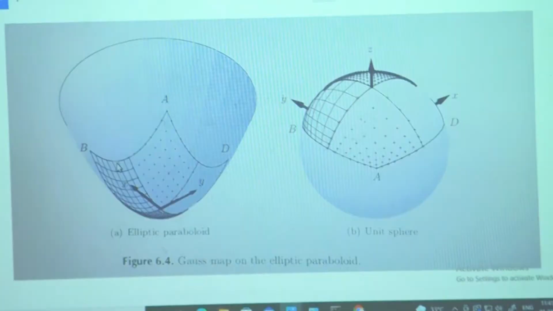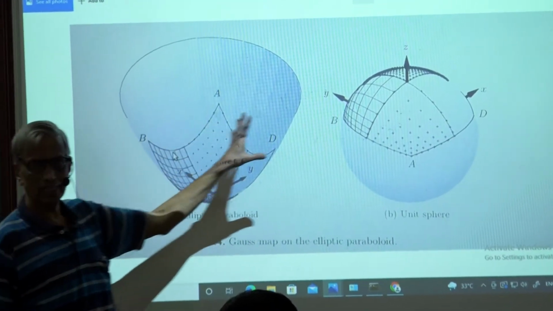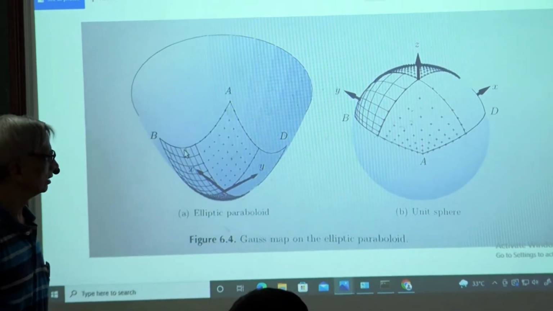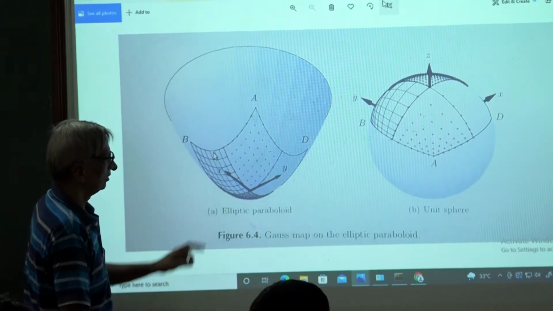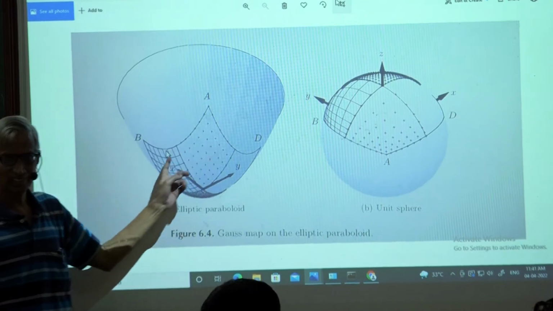Oh, okay, we can look at the picture there, for example. So we had the hyperbolic paraboloid. So here it is elliptic paraboloid. So this is the surface. So this is the corresponding picture on the sphere, right? See, the regions are appropriately shaded there.